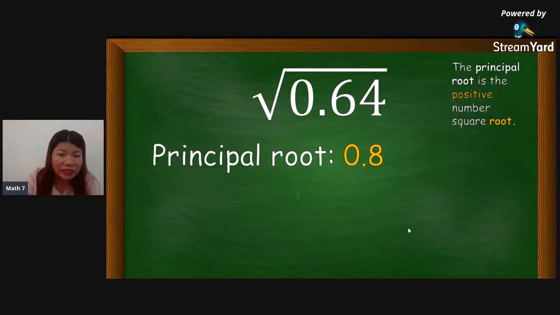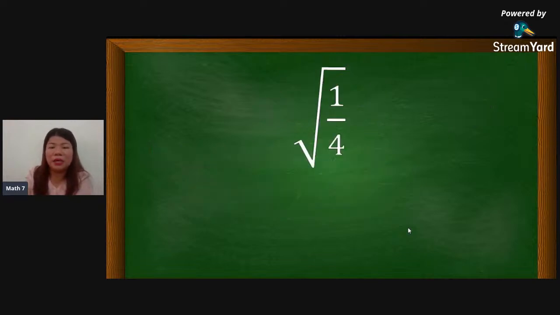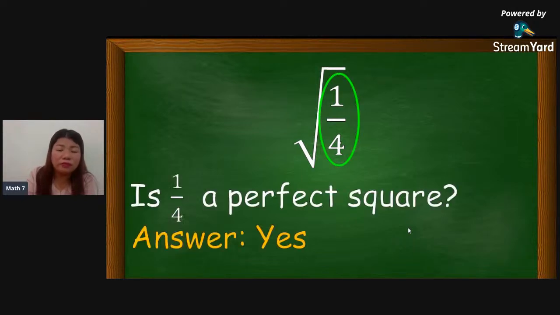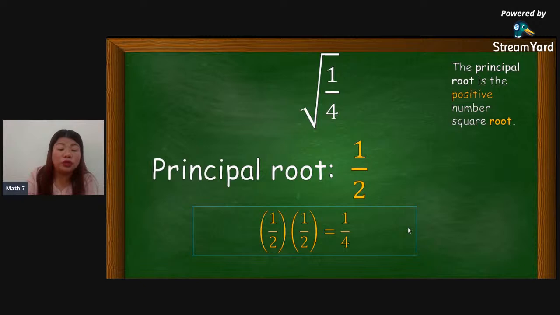Okay? 0.8 times 0.8, the answer is 0.64. Always positive. This one, 1/4. Perfect square ito. I-multiply mo naman, dalawang 1/2. The answer is 1/4. So, 1 times 1 is 1. 2 times 2 is 4.